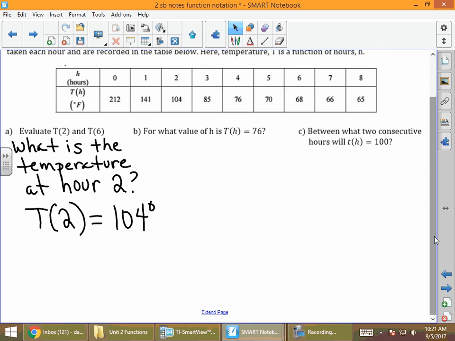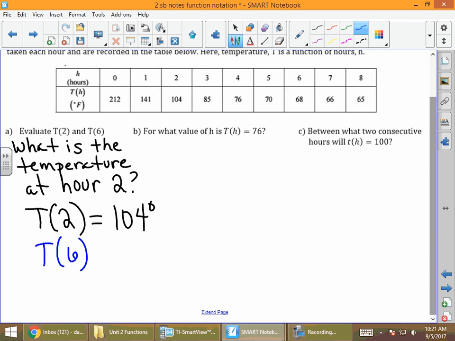And that's the same concept when we do T of 6. Notice how I'm reading it. T parentheses 6 means T of 6, not multiplication. So we go to where we find 6 hours, in the top of the table.